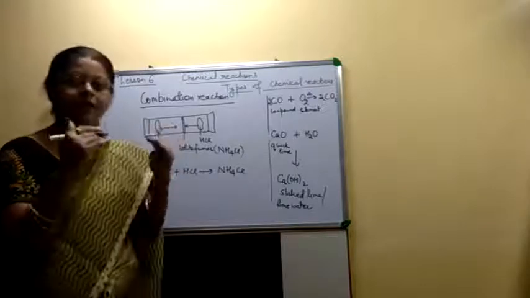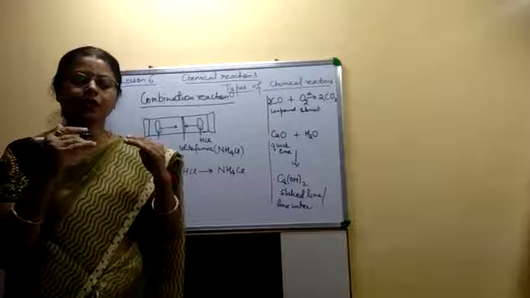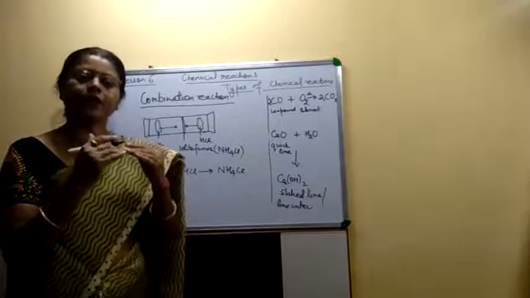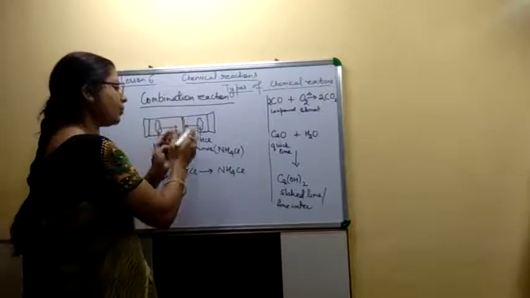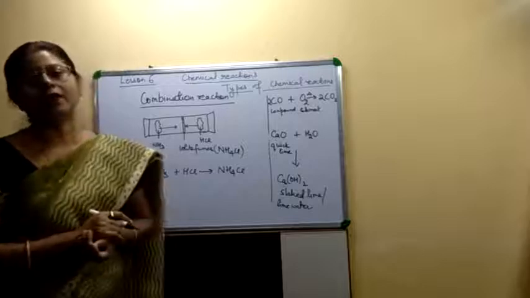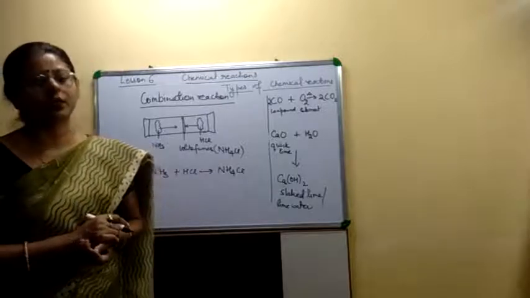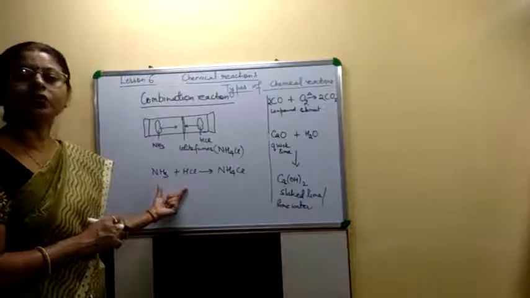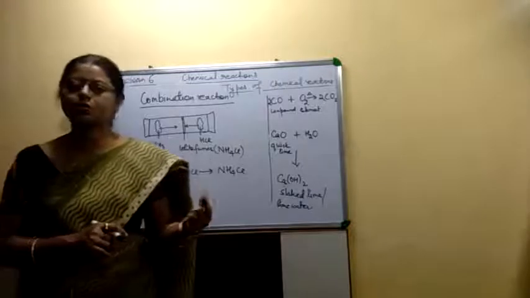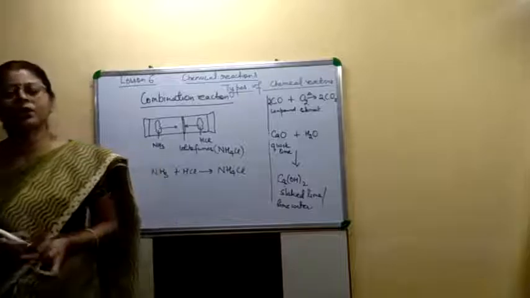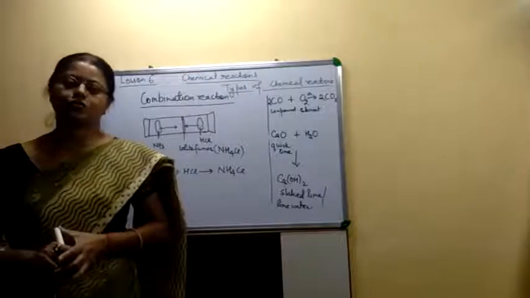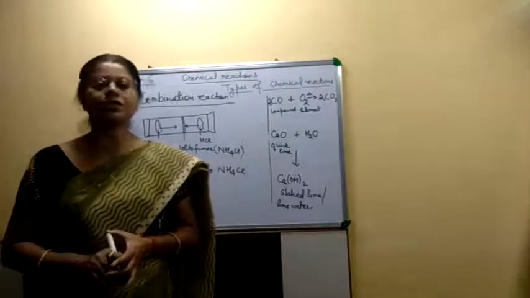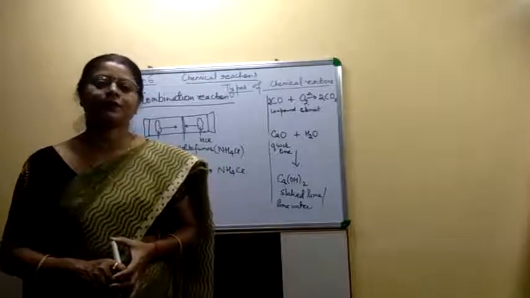That's why HCl travels slowly, and the fumes are formed near the cotton in which HCl is soaked. Here the reaction is also taking place between two compounds. So this is also a type of combination reaction. So this is all, students, for the combination reaction. Thank you. Have a nice day.